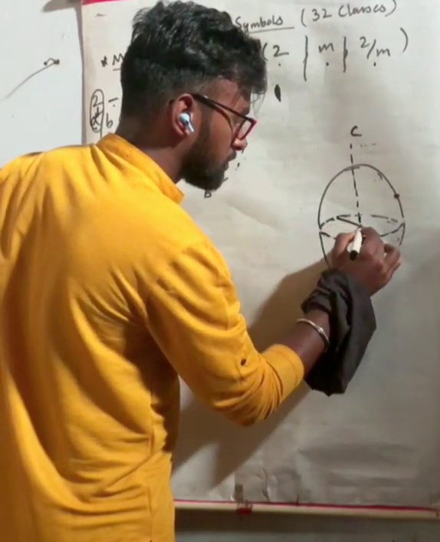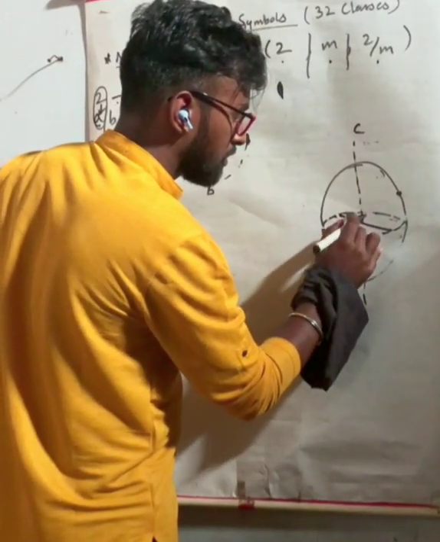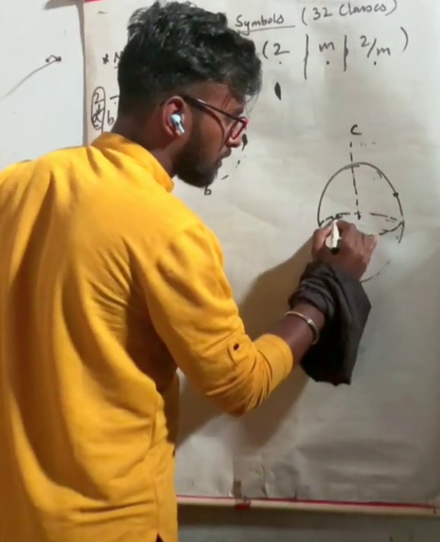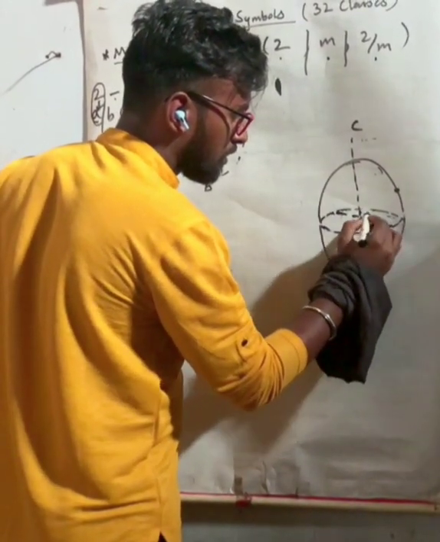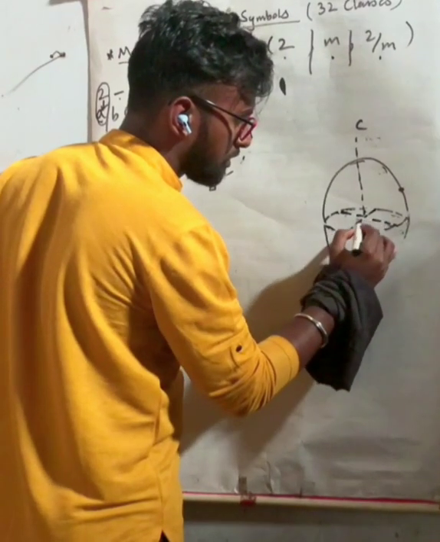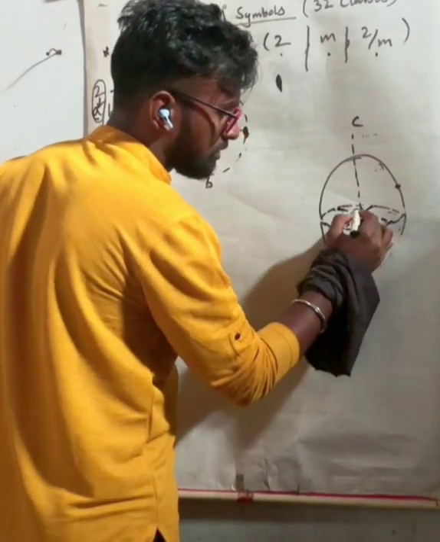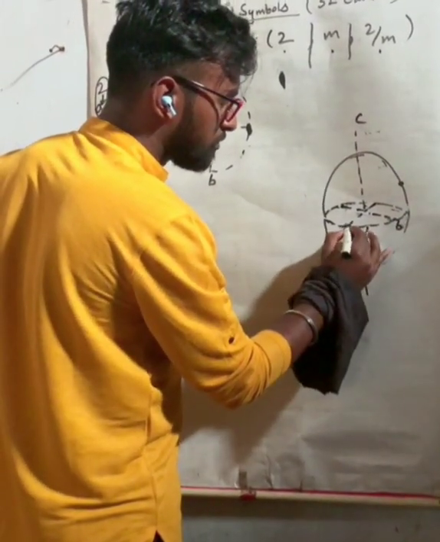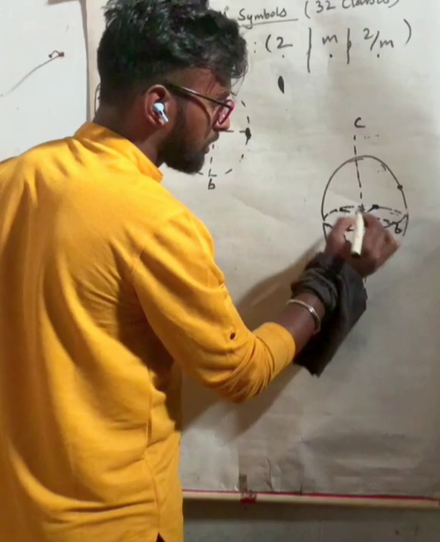Suppose this is A and this is the perpendicular B. This angle is 90 degrees. So we have A and B, and we have this as the axis of twofold symmetry.